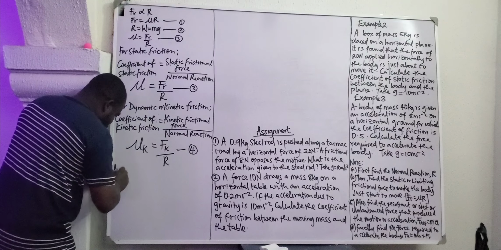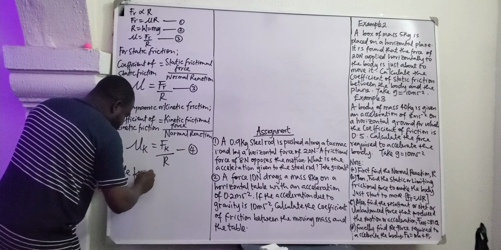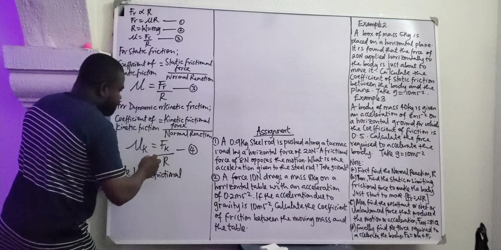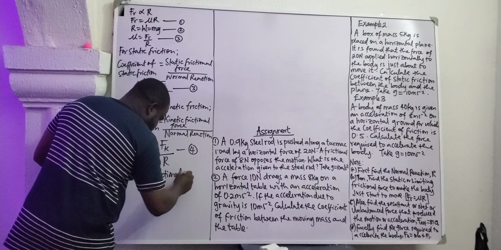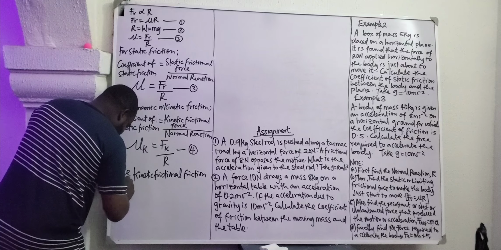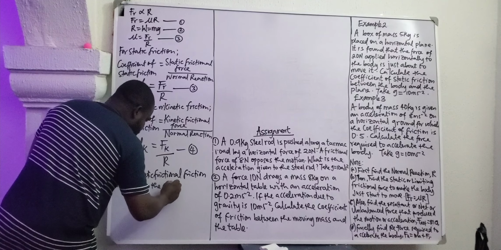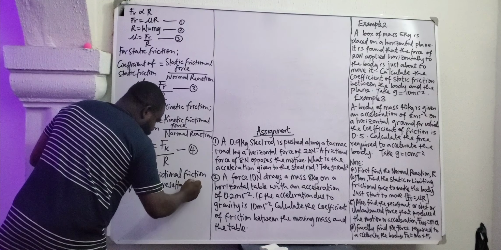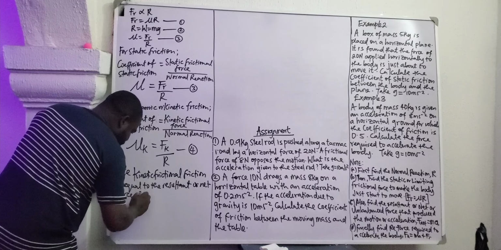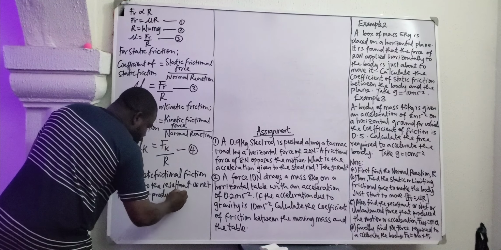This kinetic frictional force is usually the resultant force that produces the motion or produces the acceleration. So I want you to note that kinetic frictional force is equal to the resultant or net force that produces the motion.